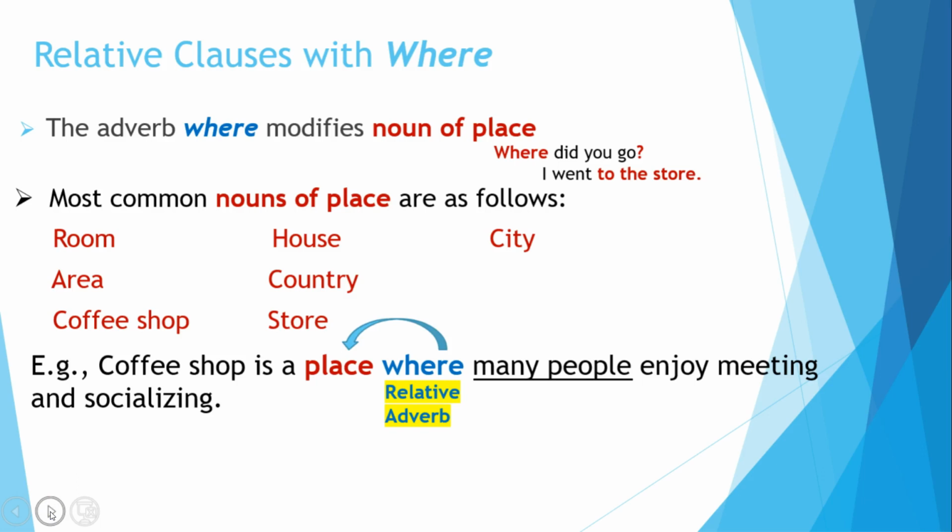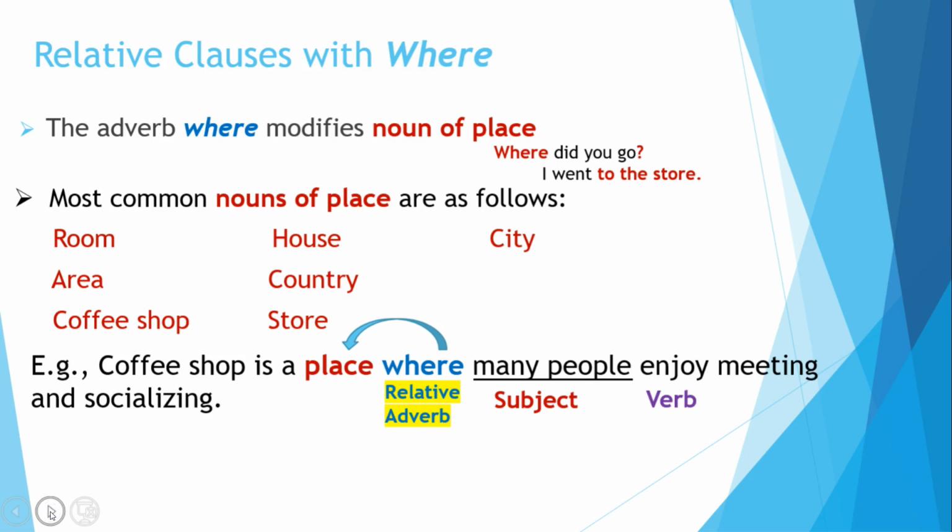Coffee shop is a place where. When you say where, now your reader or your listener assumes you're trying to give them more information. Where what? Where many people, that's a new subject in a new clause, our relative clause. Enjoy, verb, meeting and socializing.